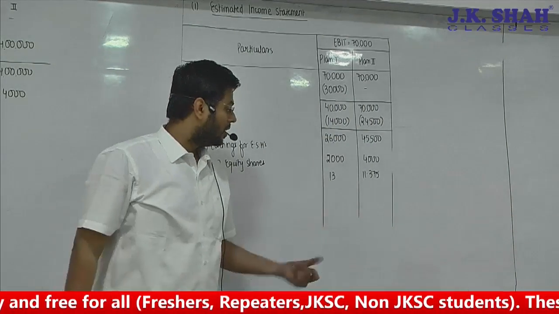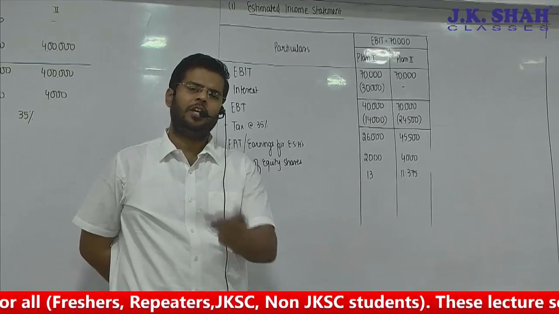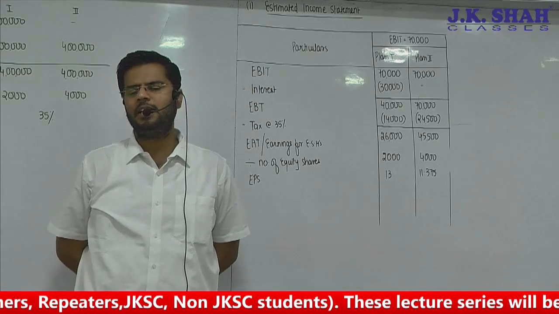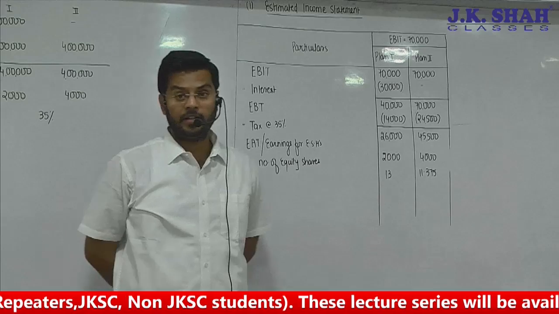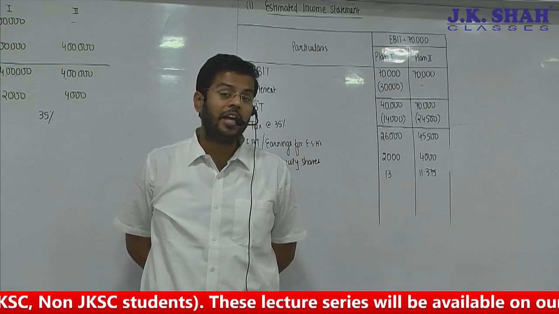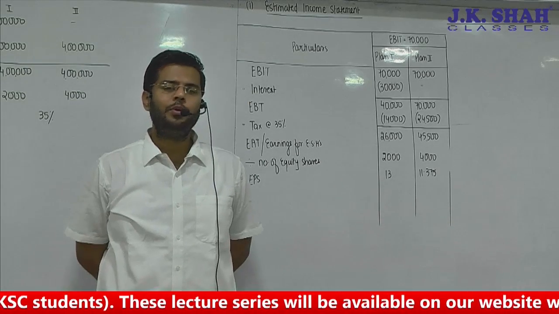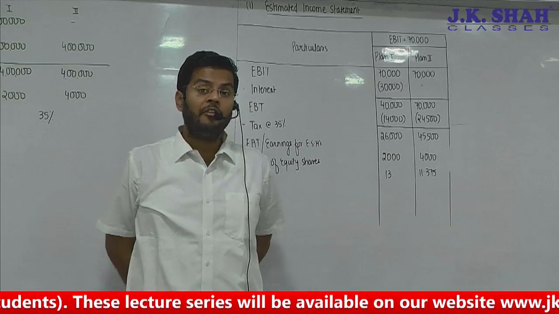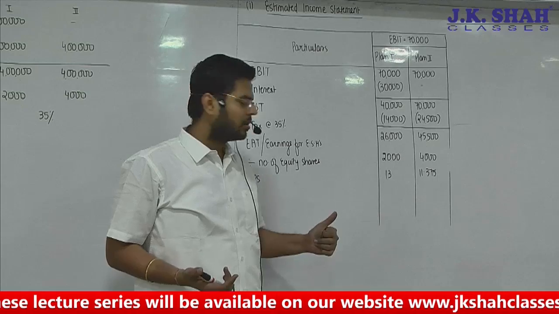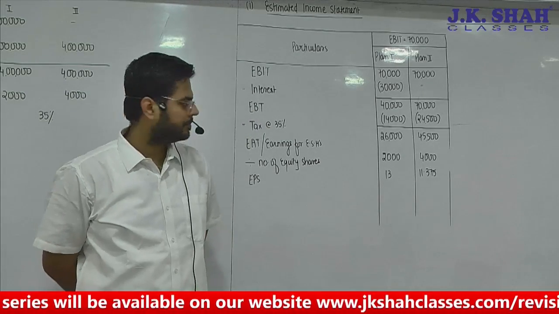If I tell you select the plan, you would say, sir, we just now gave the answer. We should go for plan 1 because it is maximizing the EPS, sir. I said, okay, great. What do you understand by the word indifference level? Tell me, friends, how would you interpret indifference level? When will your answer be, sir, go for any plan? Think.